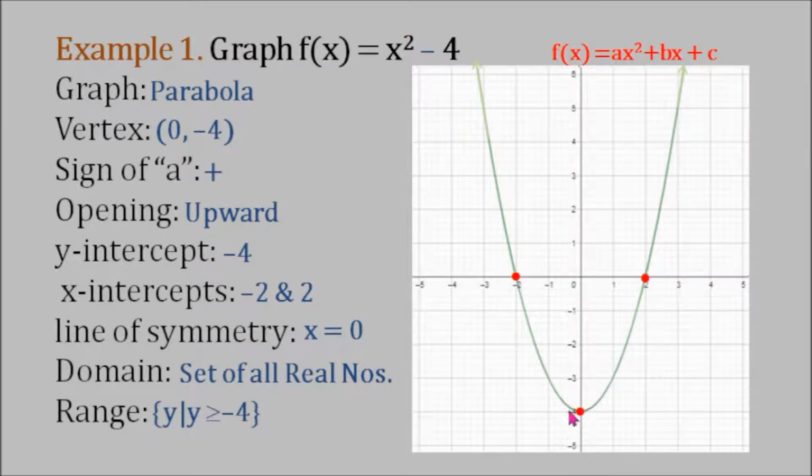This is the graph of our equation. How about the line of symmetry? It's x equals 0. This is a line that divides our U-shaped graph into 2 congruent parts. Notice that if we fold our graph along this line, the 2 parts coincide.